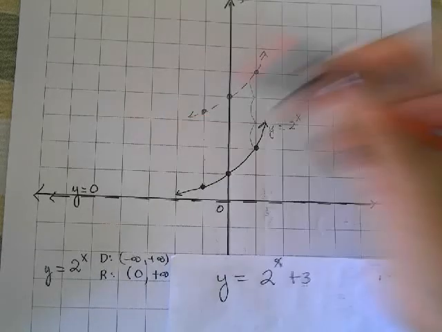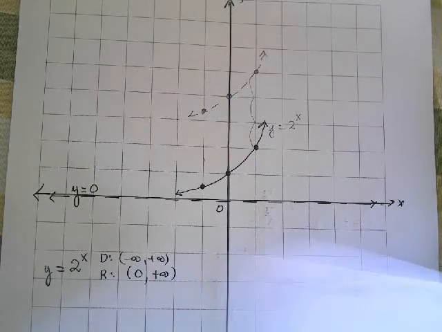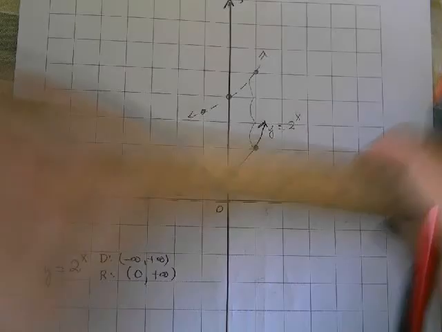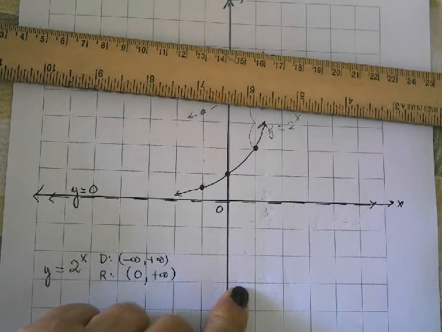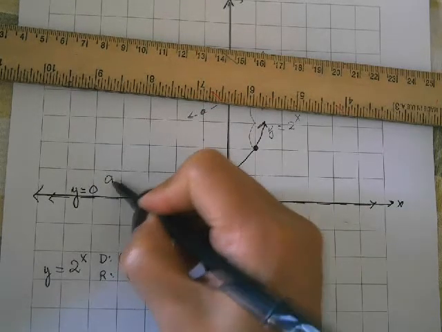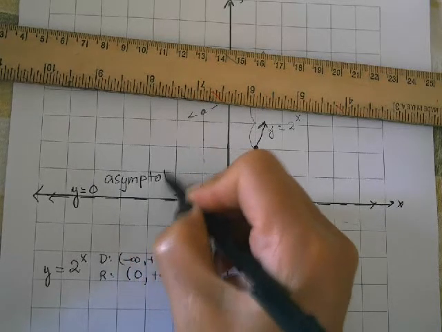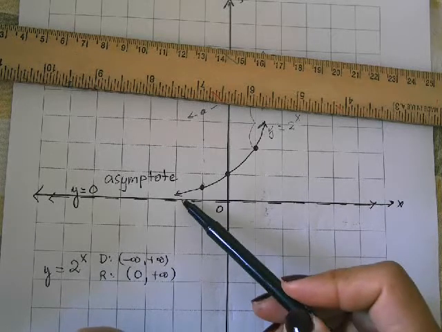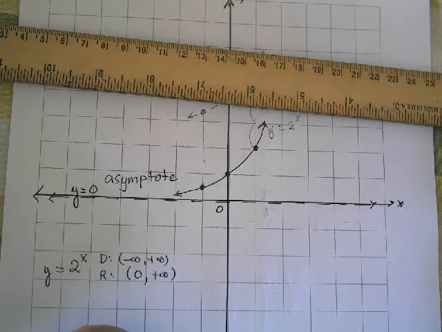And we remember the graph of exponential includes the asymptote, for some of you. This is the asymptote, a line where your graph approaches closer and closer but never touches it.